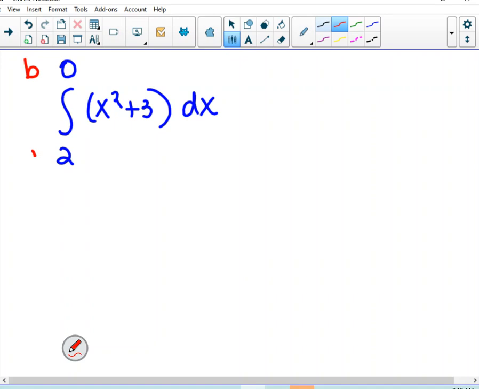This is b, this is a. We are still going to end up doing f of b minus f of a. If we stick to the theorem, the signs work themselves out.